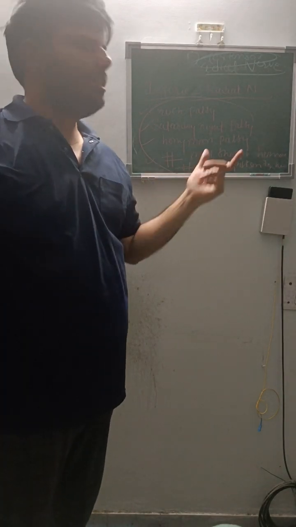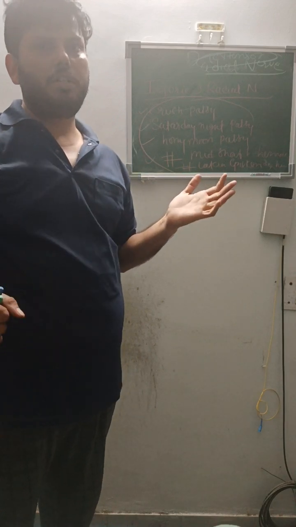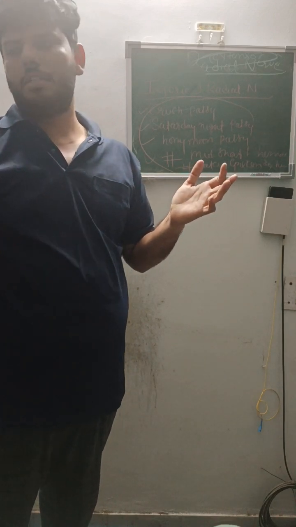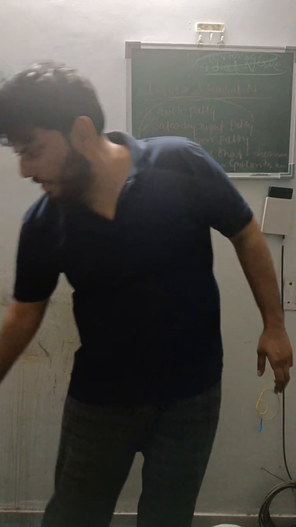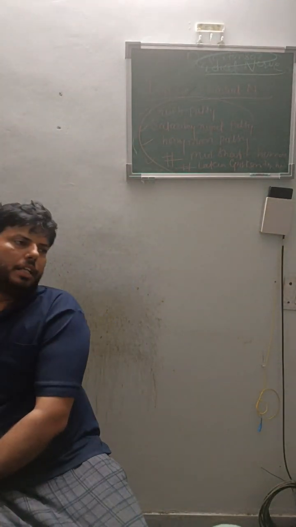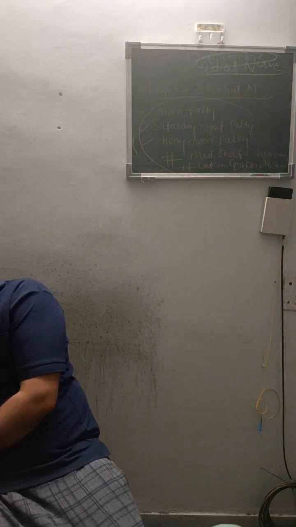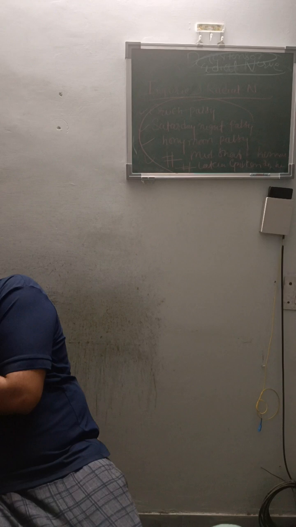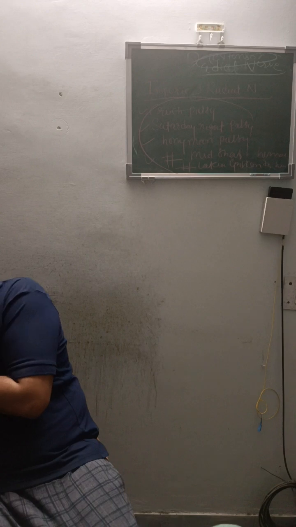Saturday night palsy occurs when an alcoholic or intoxicated person sits on a chair under the influence of alcohol, sleeps like that the whole night, and the pressure causes Saturday night palsy.